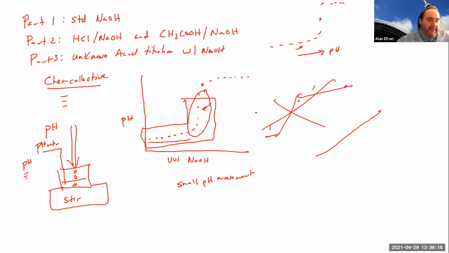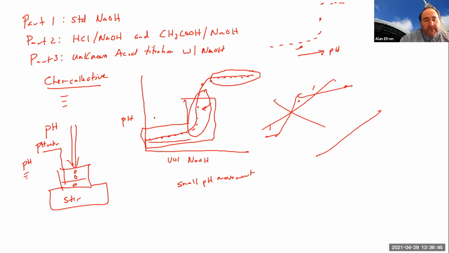We'll continue to add until we go to about a pH of 12 or so, so we can get that leveling off effect, and when we're all said and done, we have a really nicely completed titration curve. That's essentially the overall goal of all three parts.